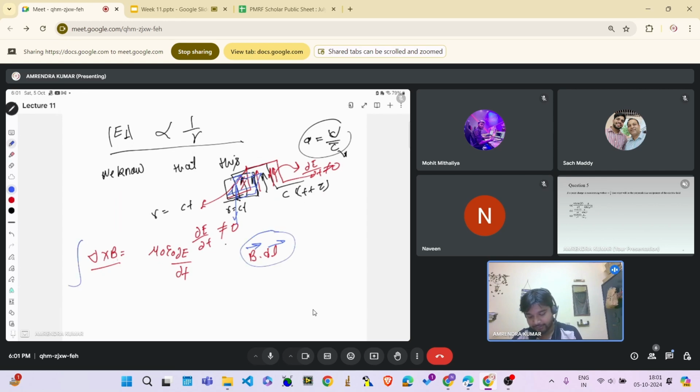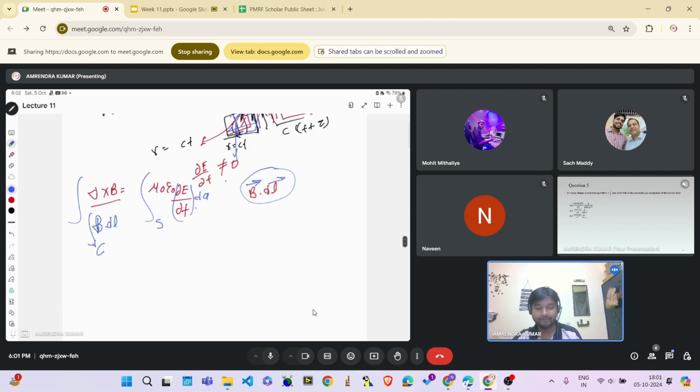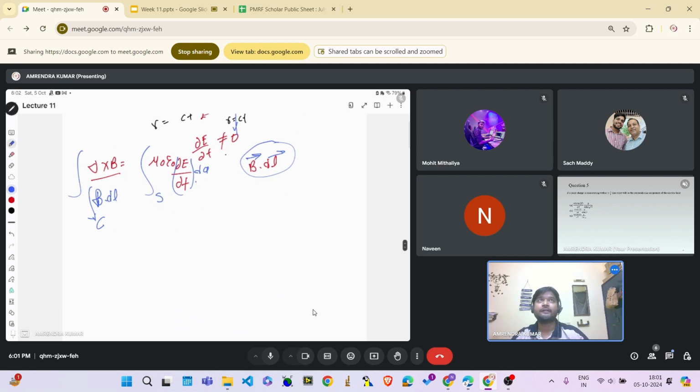So it will be like del cross B translated to B dot dl, and this will be like a dot dA. This is the curl and this is the line integral, over some path that you have drawn, and this is the surface of that area.